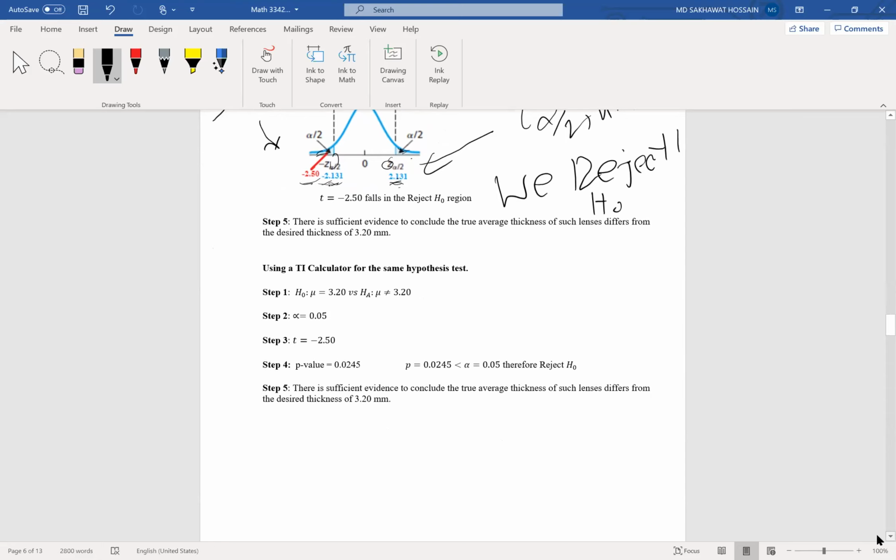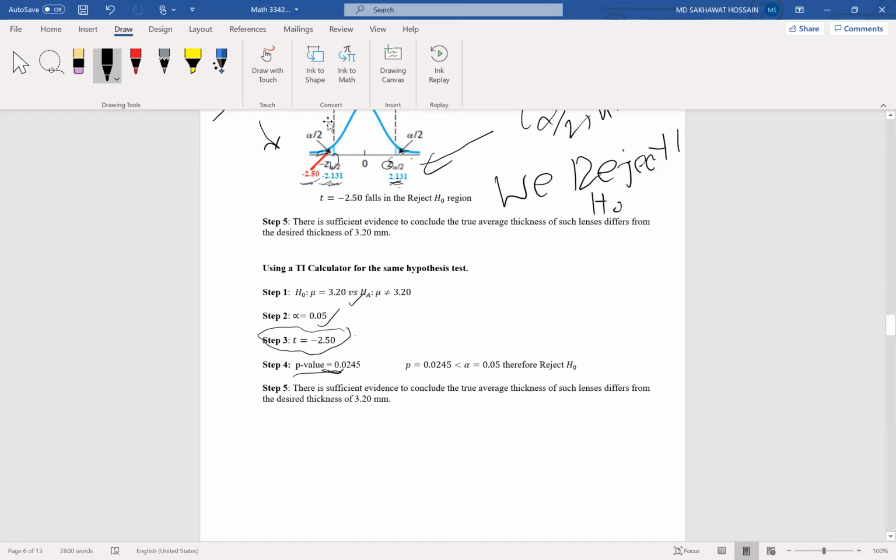Okay, so you can also use the calculator, and based on the results in your calculator, you can also make the decision. In your calculator, you will have the null hypothesis, the alternative hypothesis and the alpha value. In step 3, you will get the test statistics, and you will also get the p-value.